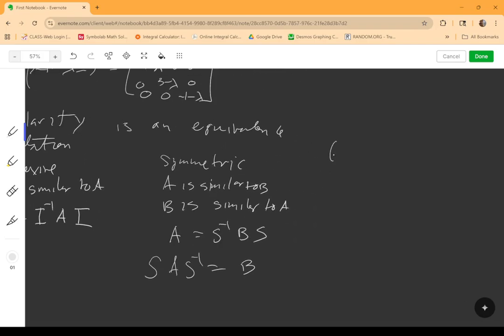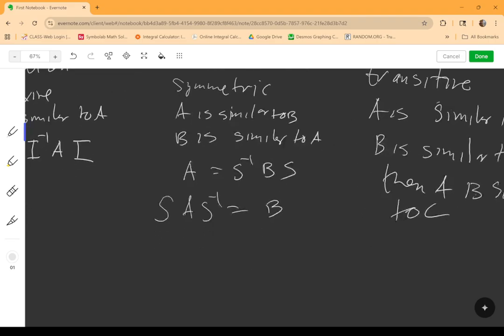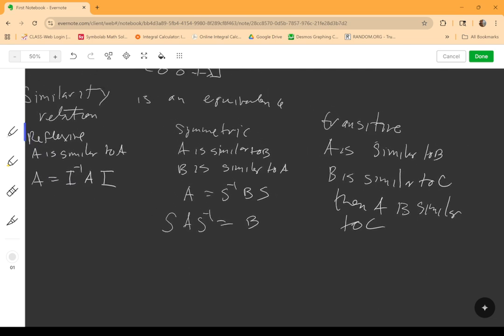And it also has the transitive property. So if A is similar to B and B is similar to C, then A is similar to C. That's what makes it an equivalence relation.